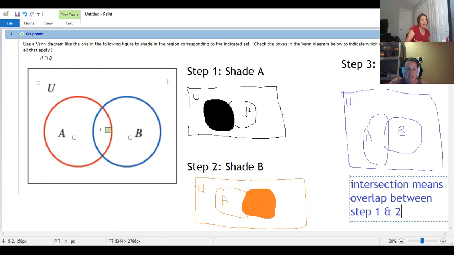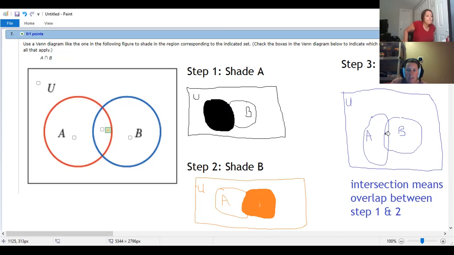So I just want the thing that's shaded in both parts. And so if I look at step 1, I've got all of A shaded, which includes the intersection between the two. Step 2, I have all of B, which includes the intersection of the two. So the only thing that picture 1 and picture 2 have in common is this overlap. And so that's all that I have.